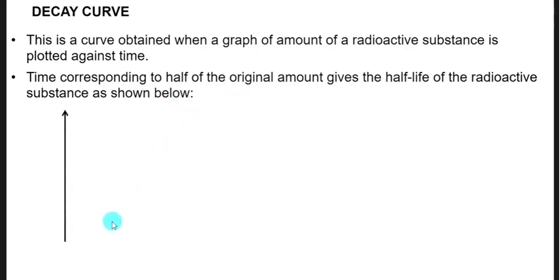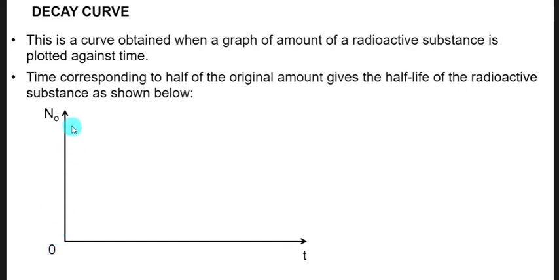Let's say this is the graph. On the vertical axis, we always put the amount, the original amount. Then on the horizontal axis, it is time. Let's say you start at zero time.